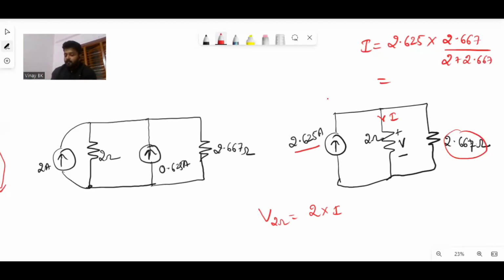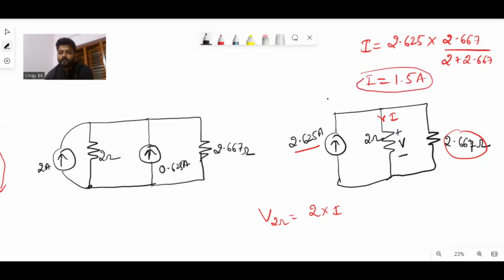So 2.625 into 2.667 divided by 2 plus 2.667, you can get 1.5. So the current flowing through that will be 1.5 amperes.